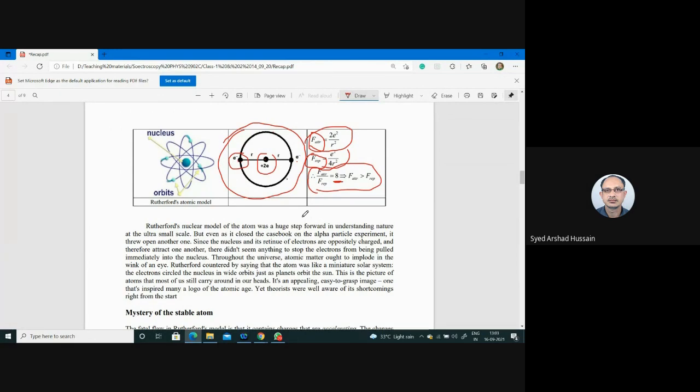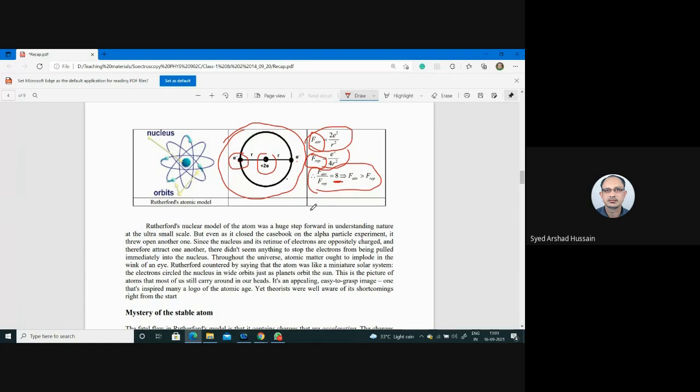After this observation, Rutherford himself gave a modification in his theory. What he suggested is that, like planetary systems, the electrons are revolving around the nucleus in such a way that this excess force of attraction is balanced out by the mechanical centrifugal force.